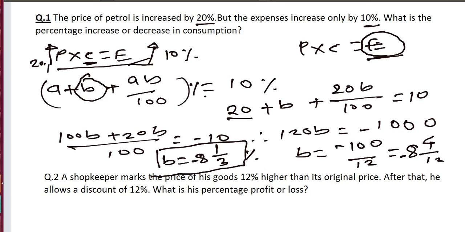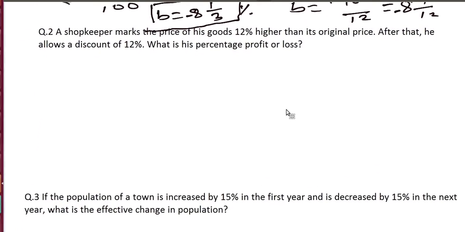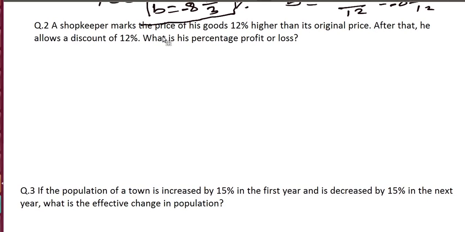So let's see another question. A shopkeeper marks the price of his goods 12% higher than the original price. After that, he allows a discount of 12%. What is the percentage profit or loss?